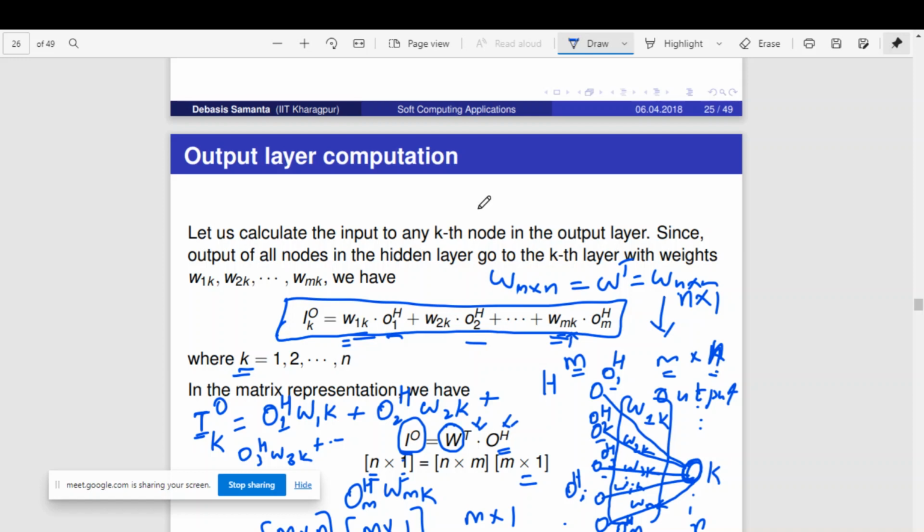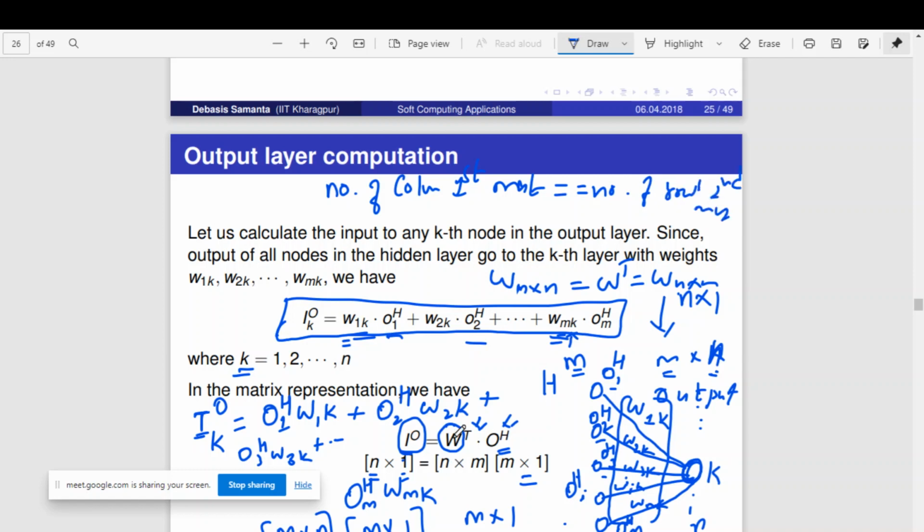The number of columns in the first matrix should be equal to the number of rows in the second matrix. That is the rule.